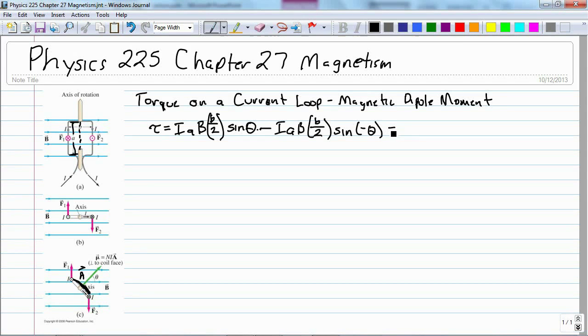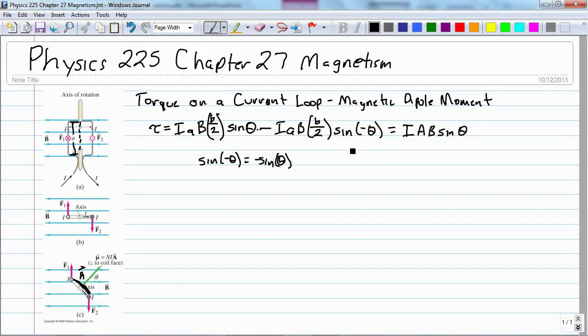And using the identity, sine of negative theta is equal to negative sine of theta, this minus becomes a plus, and if I simplify, I have 1/2 times b times 1/2 times b, and I'm going to get the current times the surface area of the loop, times the magnetic field, times sine of theta.